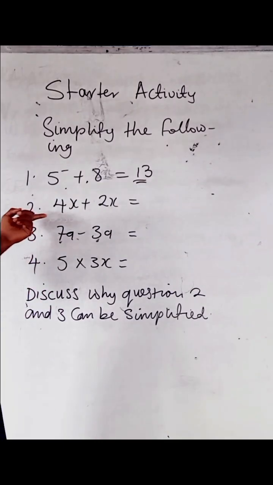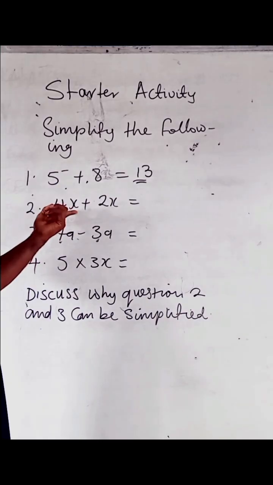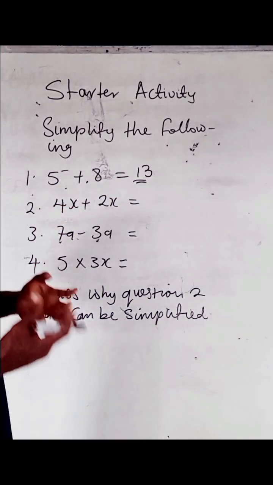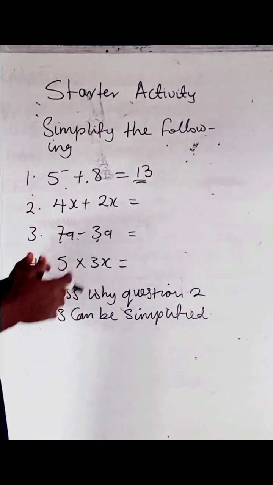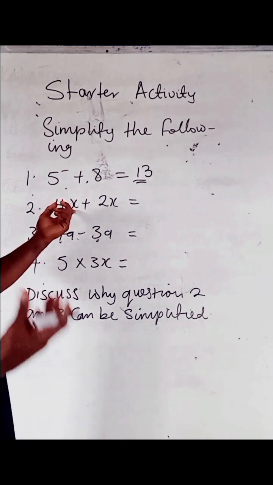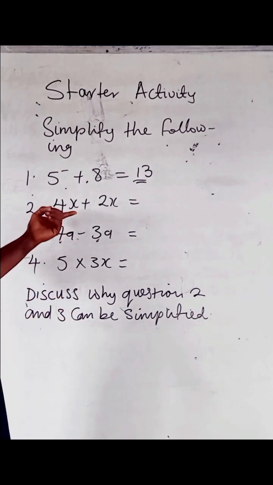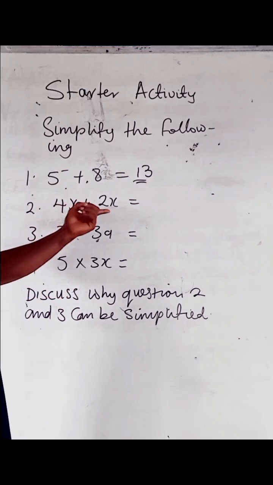Question number 2 is an algebraic expression because it contains letters. And we know from a previous lesson that these letters represent unknown numbers. Now here we have 4x plus 2x.